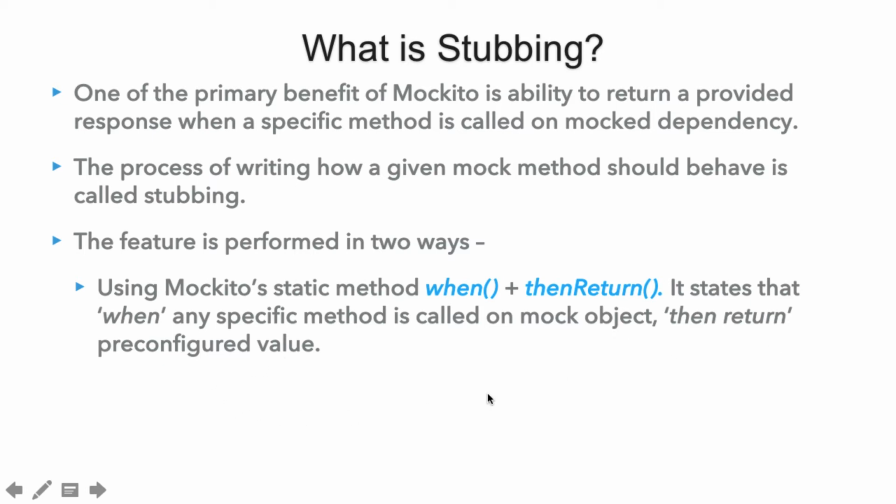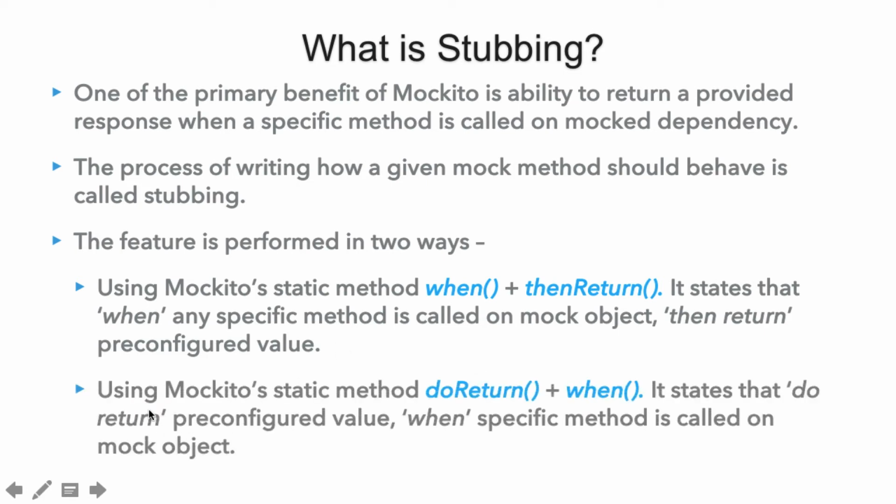Mockito provided names such as when and thenReturn because they make the readability of our test clear, and we simply read it as: when a specific method on the mock object is called, then return a pre-configured response. So this is the first way.